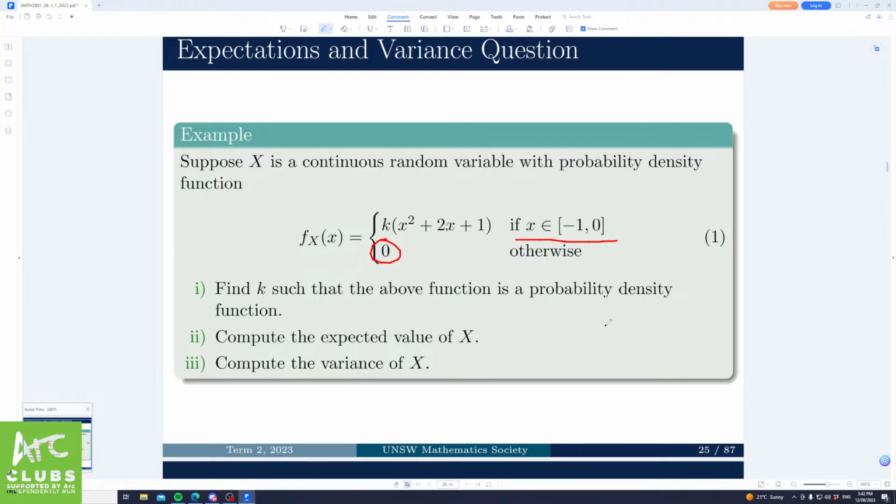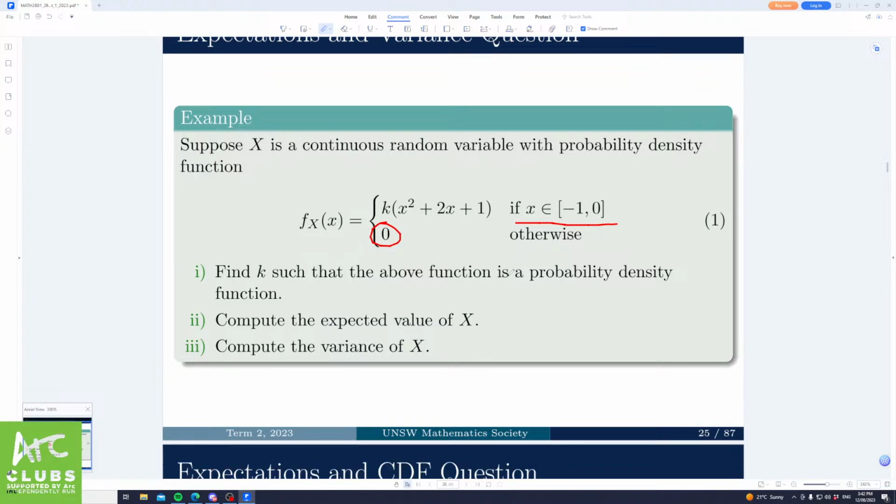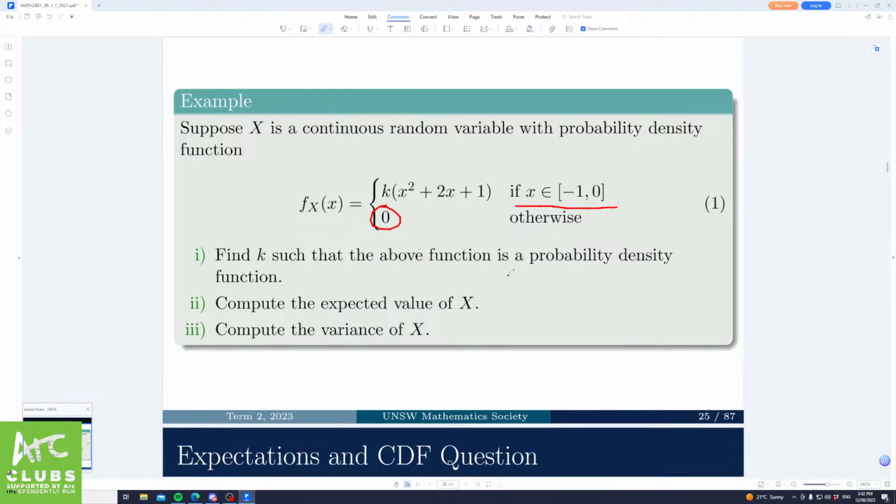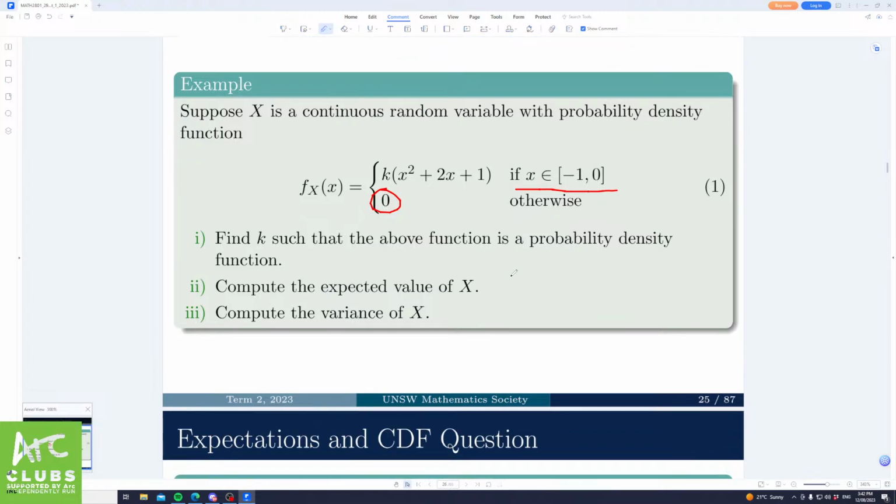So we should know that to be a valid PDF, we need the total area under the curve to equal 1, because the area under a continuous density function curve represents the probability, and so we want total area to be equal to 1.